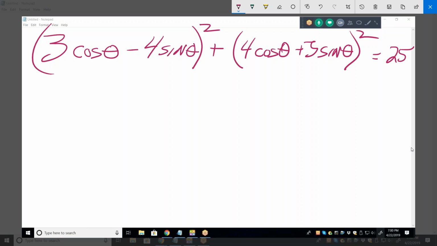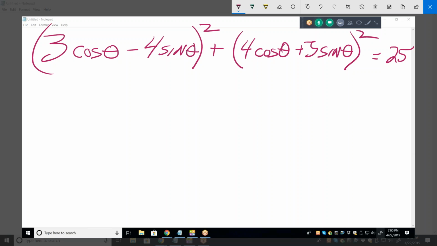Okay, what are we going to do here? What's the only thing you can do? When you don't know what to do, the only thing you can do: distribute the exponent. Square both terms. That's the only thing we can do. I can't do anything else, but I can square this. So when I square the first term, what do I get?